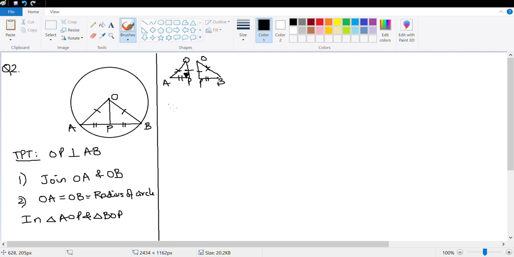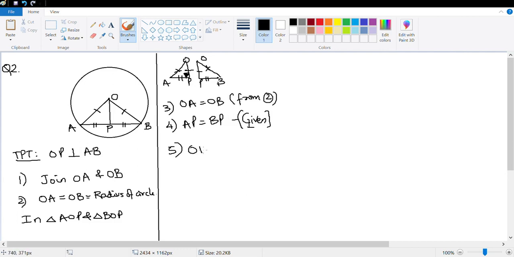So we've got number 3. OA is equal to OB. This is from number 2. Number 4 would be AP is equal to BP. This is given. Writing reason is important from your examination marks perspective, if there are marks for giving reasons. AP is equal to PB is given in the question, and OP is equal to OP, which is common arm.